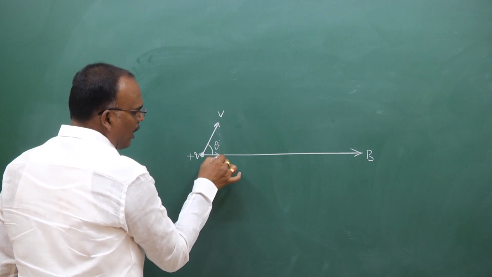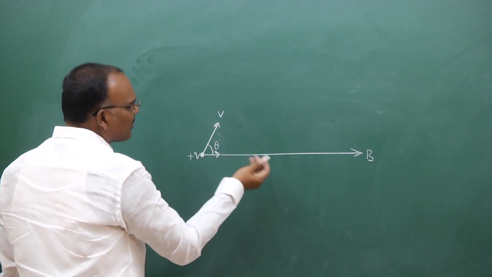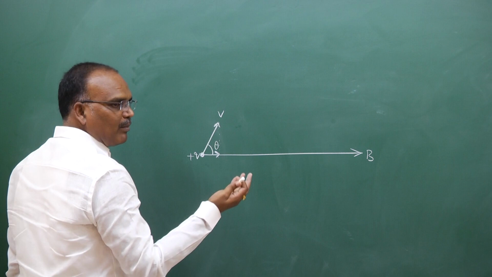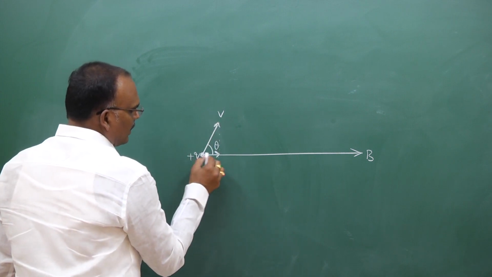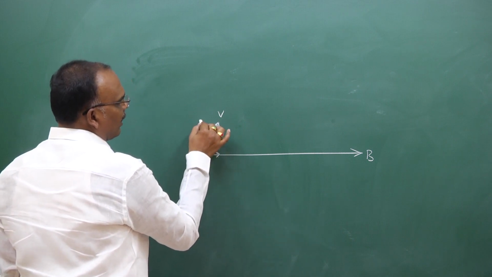The component should not go beyond this. Remember, this is a proper representation of resolution. Sometimes we may draw a bit longer, sometimes a bit smaller, but the perfect resolution is this. This is the horizontal component. This is the vertical component.